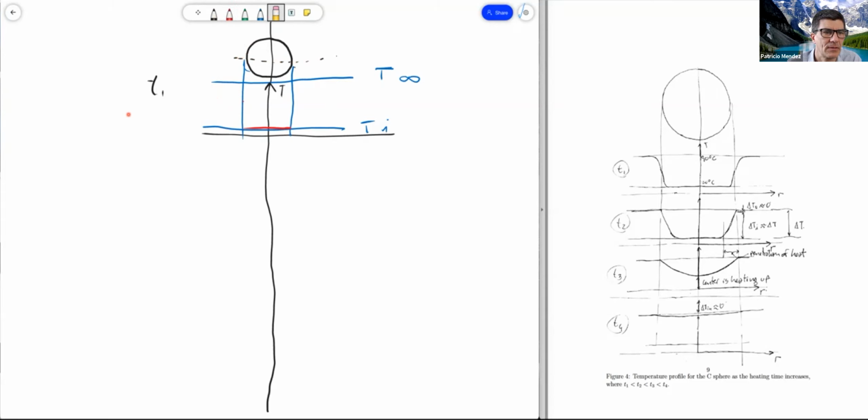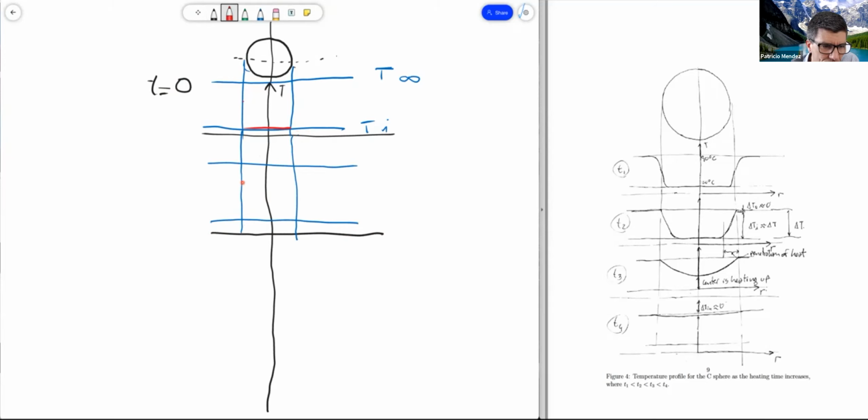Let's say time equals 0. The next stage in time, we would see that the temperature starts to increase, right?